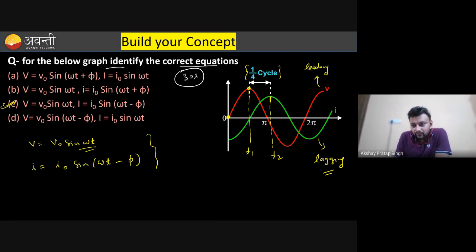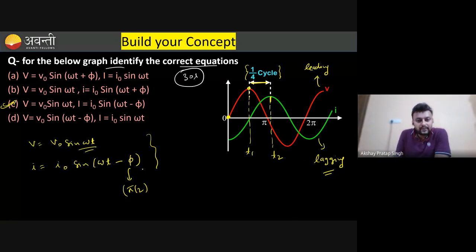This 1/4 cycle means pi by 2, so phi is nothing but pi by 2. But in the options they are dealing with phi only, so we don't need to discuss that. The current reaches its maximum after 1/4 of the cycle, that is after pi by 2 angle, so phi can also be written as pi by 2. So this is the correct answer, option C.